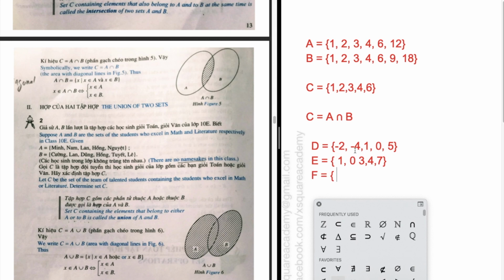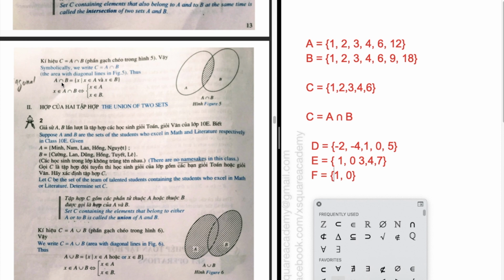Okay. Similarly, -4 is not, but 1 is an element of both set D and set E. So 1 is an element of set F, and 0 as well. Okay.